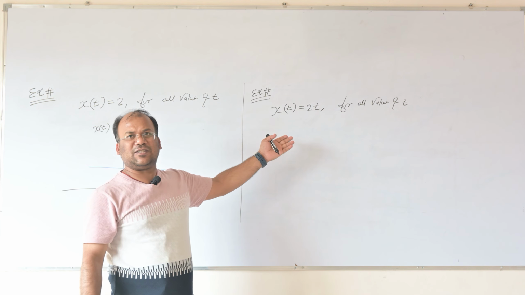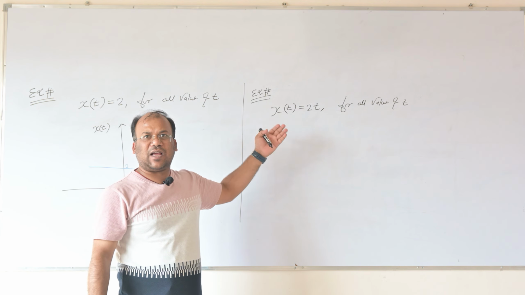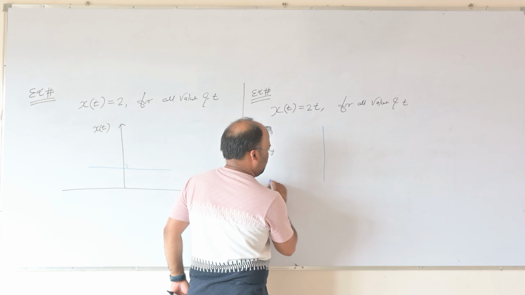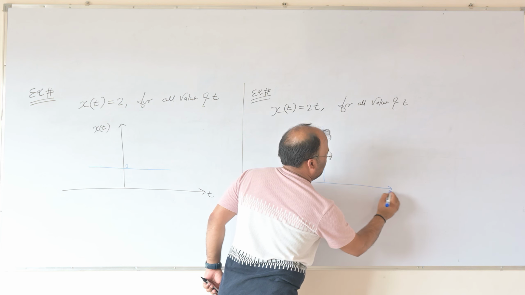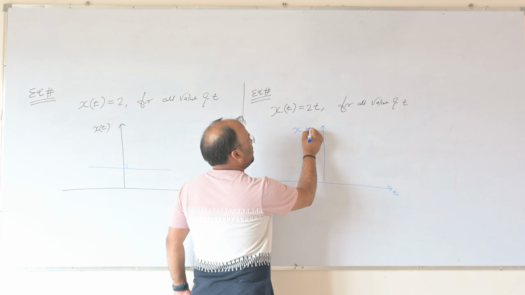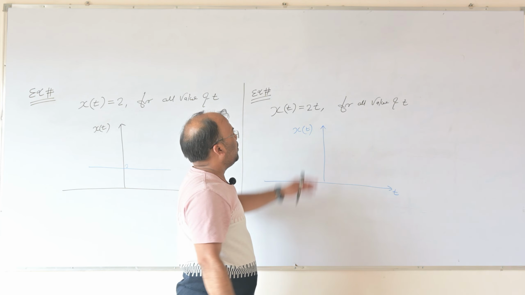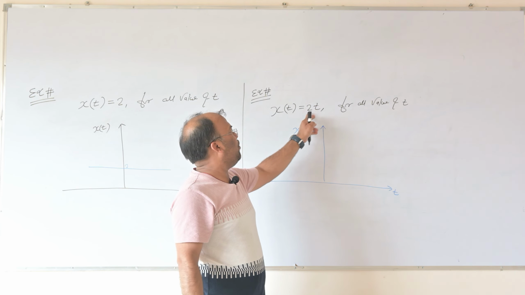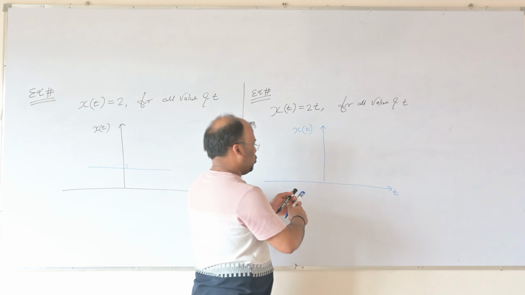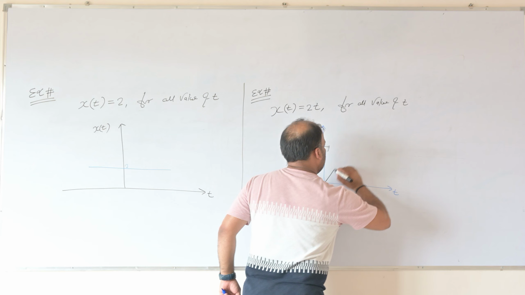So this is also an example of a continuous time signal. So we need to plot. This is the time axis, this is the magnitude axis. So if t is 0, amplitude is 0, t is 1, amplitude is 2. So plotting is like this.